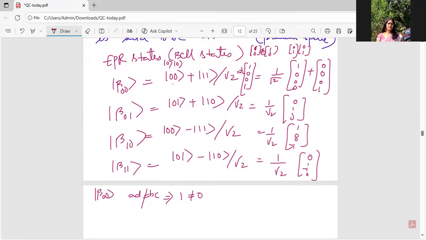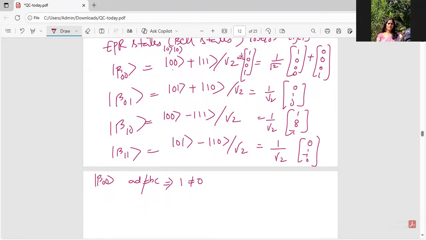Not entangled, separable. No, just a second. What I've got is correct only. AD not equal to BC, entangled.